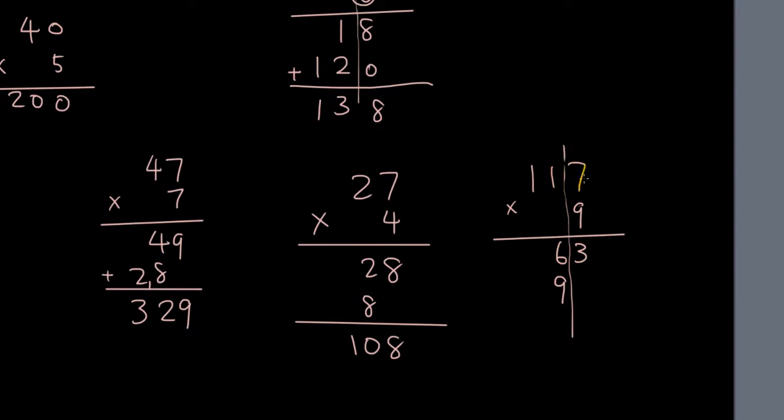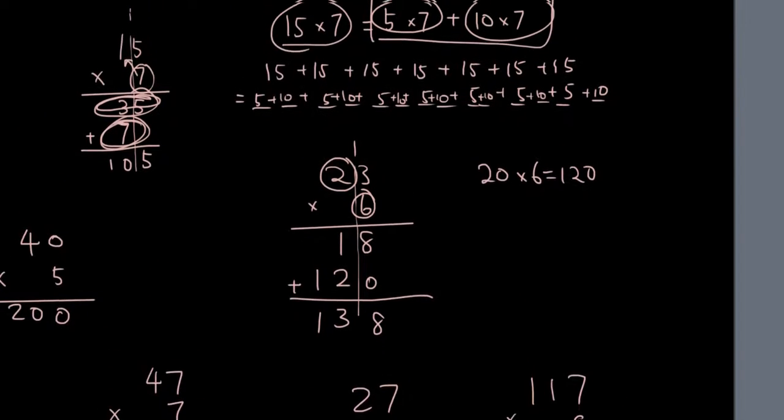We're actually going 10 times 9, which is 90. Alright, so you can just put 90. 9 times 1 is 9, but it's actually 900. So now let's add all this together. We got 3, we got 6 plus 9 is 15, and we got 9 plus 1 is 10, so it's 1053.